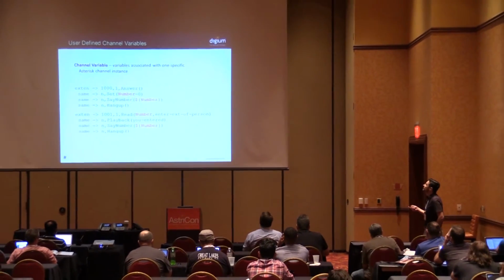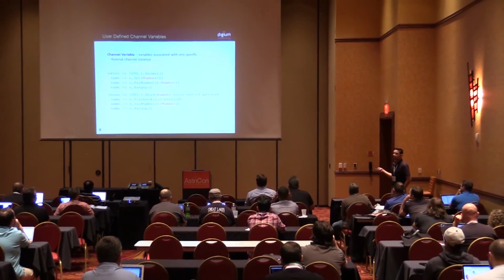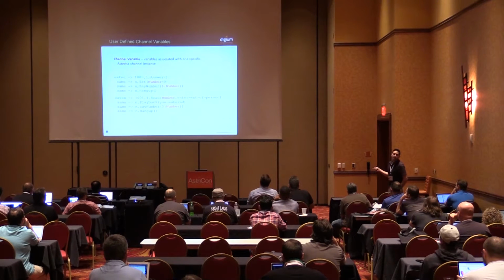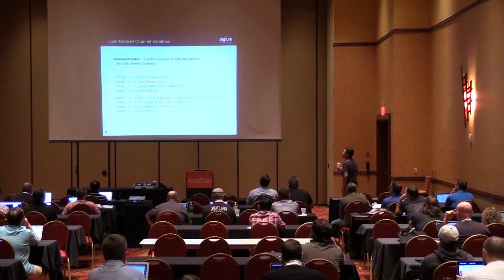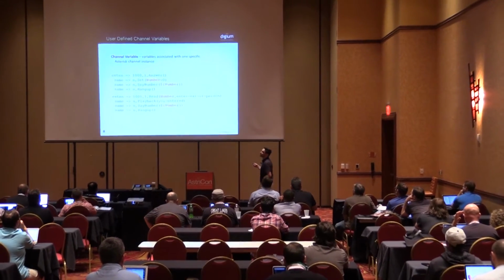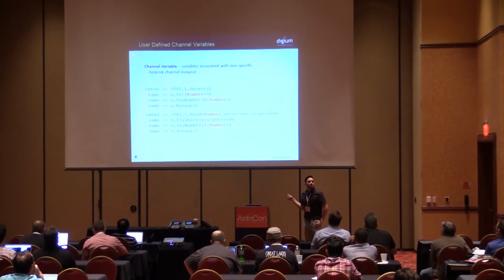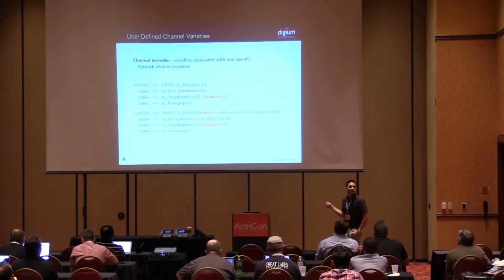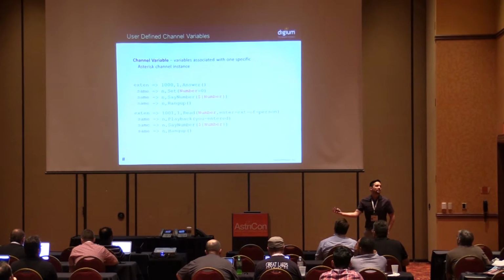Then we use the application SayNumber to say the value of number. And pay attention to the syntax. When we are setting that variable, we just specify the name. When we dereference that variable, we use $ curly brackets. And that will give us the value of that variable. Good?